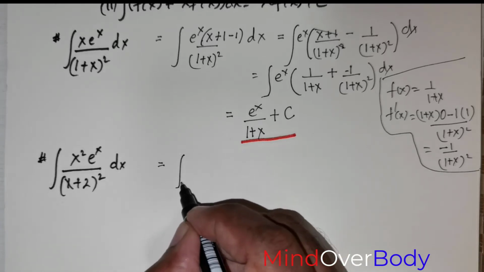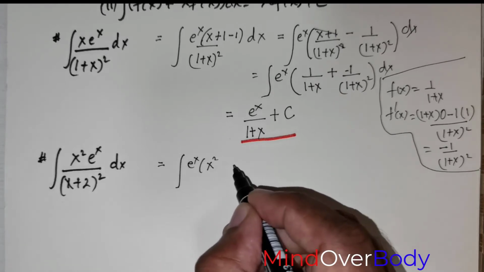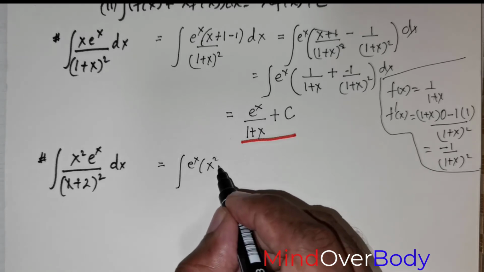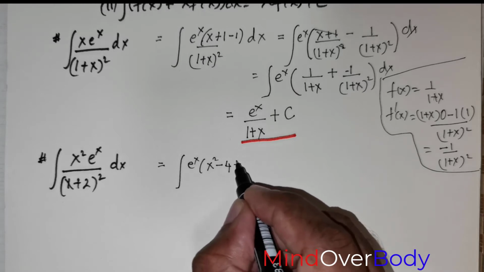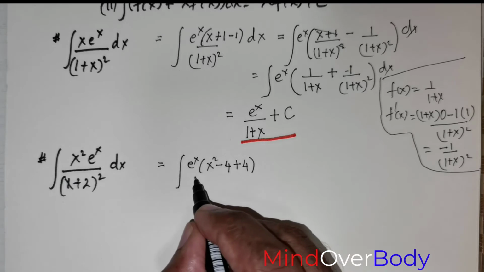So what we have to do is we'll have to start off with e raised to the power of x times x squared. Now instead of adding 2 and subtracting 2, what I would do is I would take away 4 and add 4. Now you will soon understand why I'm doing this.